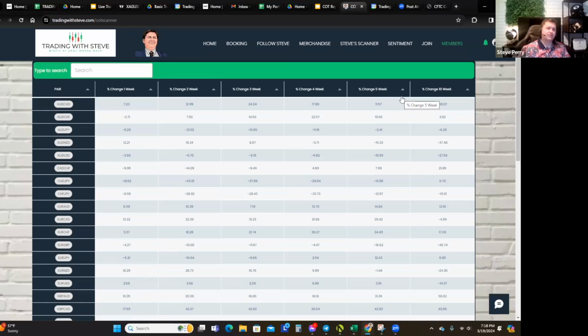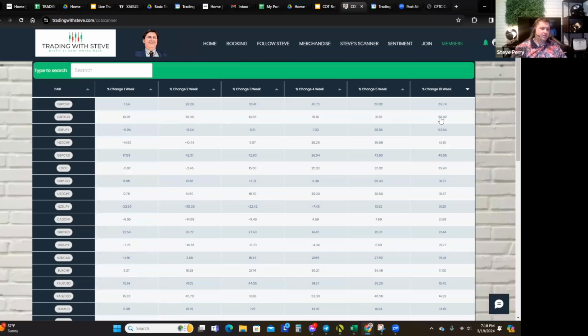I built this COT scanner right here to look at each week. This is the shift in COT data over the last week, 2 weeks, 3 weeks, 4 weeks, 5 weeks, and then here's 10 weeks. The 10 weeks is really far out. That's 2.5 months ago. So this is looking at the net shift over the last 10 weeks.